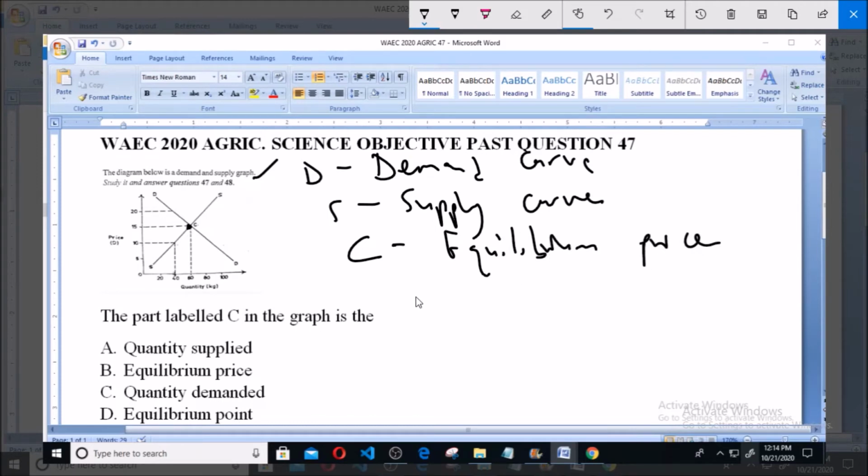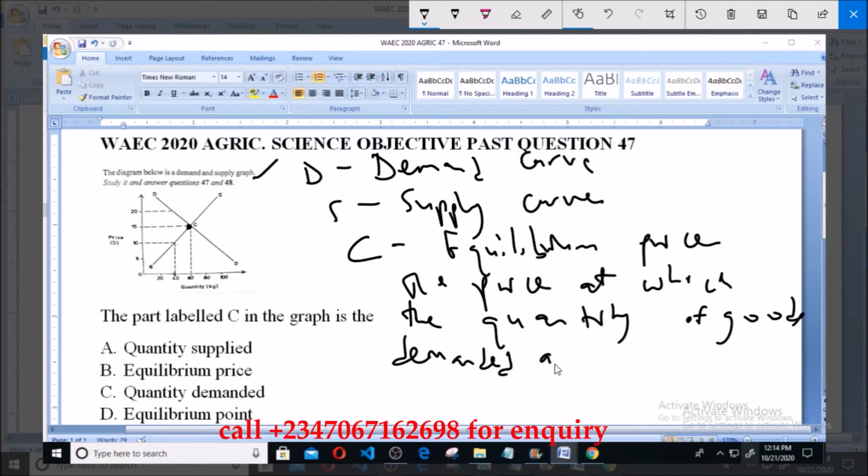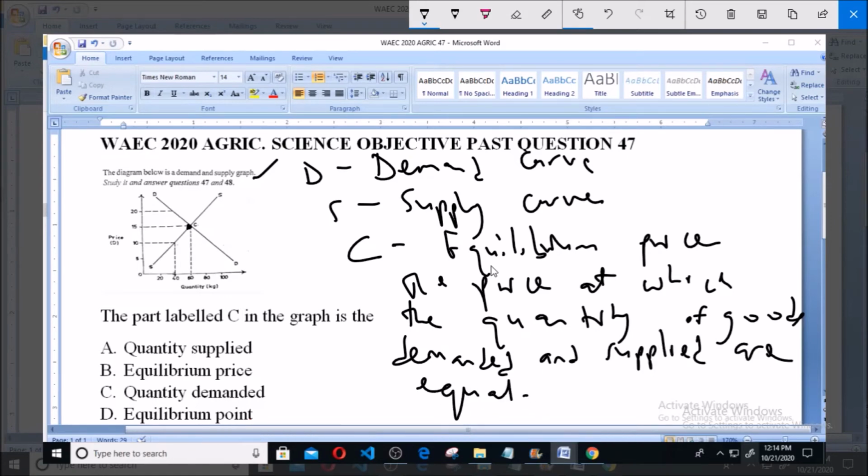And the equilibrium price is the price at which the quantity of goods demanded and supplied are equal. So that is the equilibrium price labeled C.